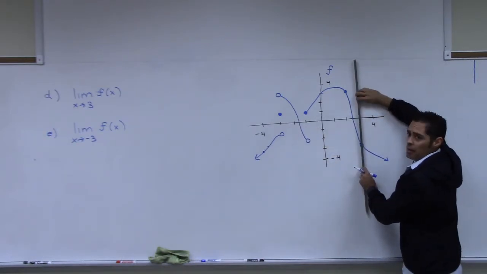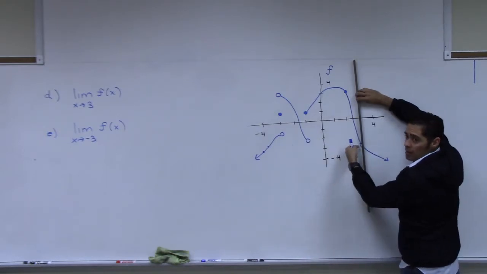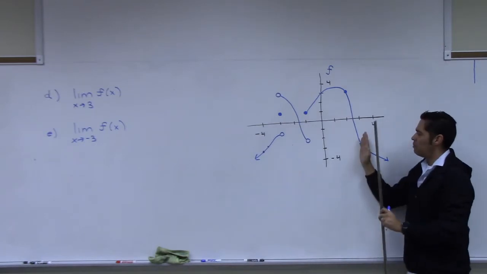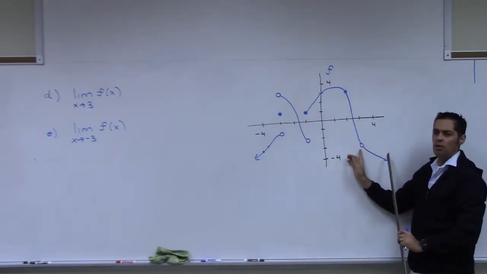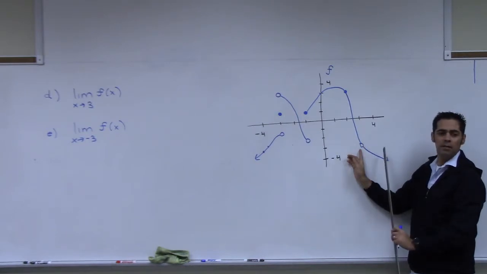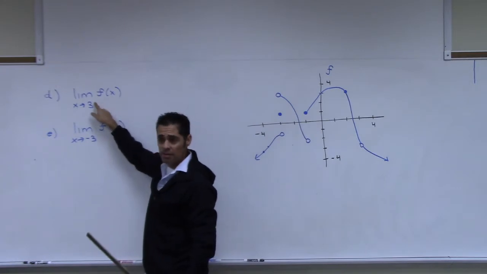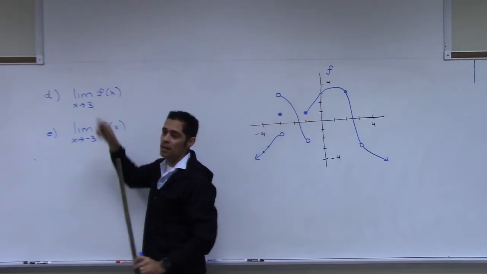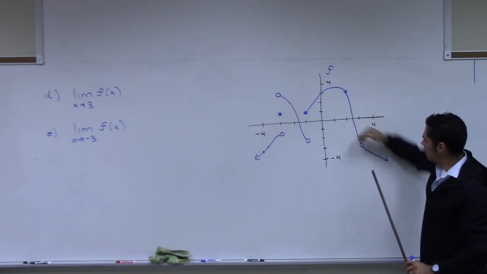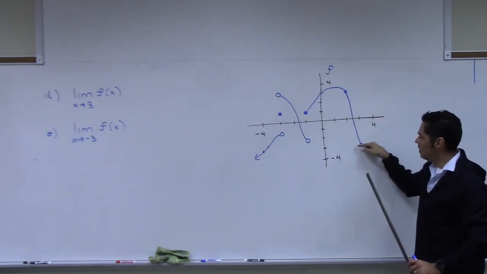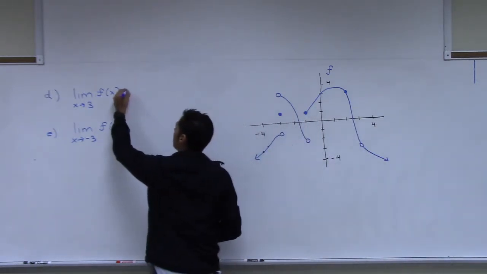Here's 3, and your function is approaching -3. Now, which side were you looking at? The left? Should we look at the right? Because I didn't put plus or minus, that means you have to look at both. And luckily, on this particular piece of the function, from the left and from the right, it's headed to the same place, towards -3. So the answer to this one is -3.